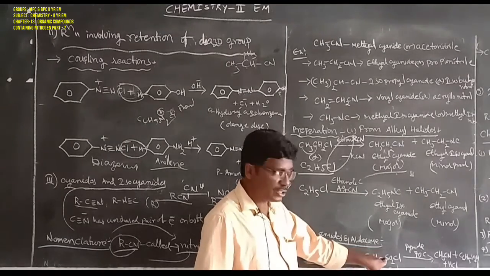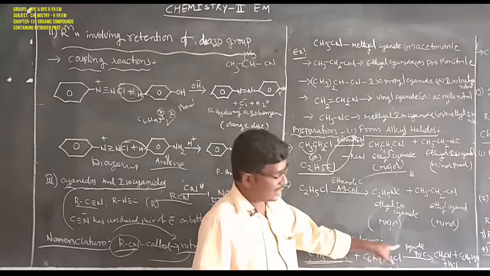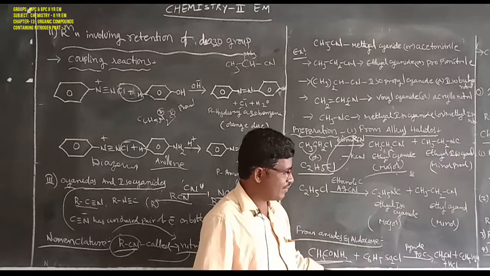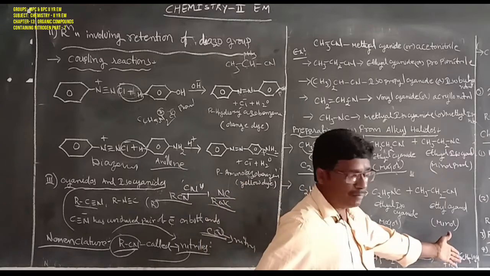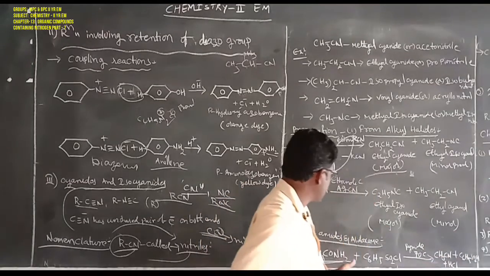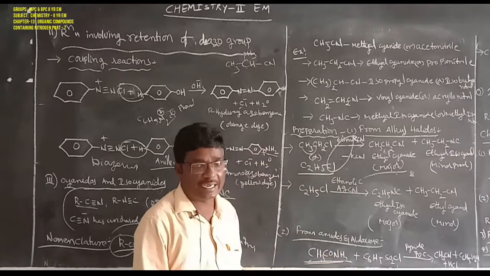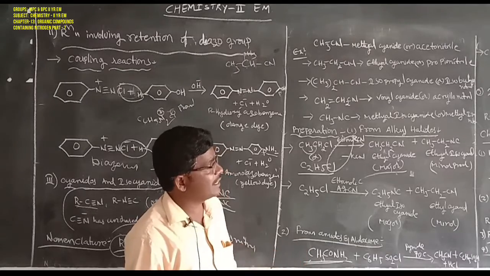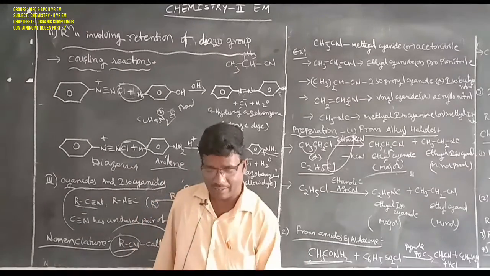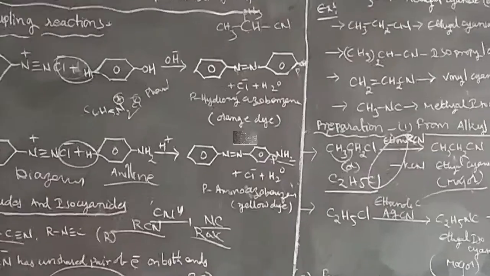Amide treated with the Hinsberg reagent at 70 degrees forms methyl cyanide and benzene sulfonic acid. That is the reaction of amides. The second one is the aldoxime.